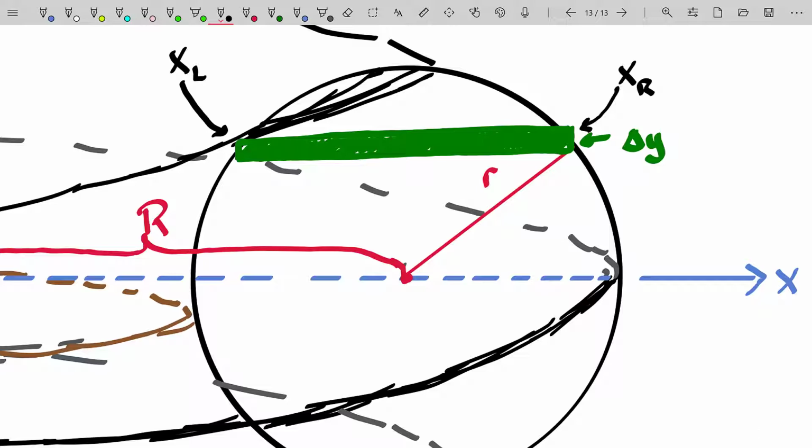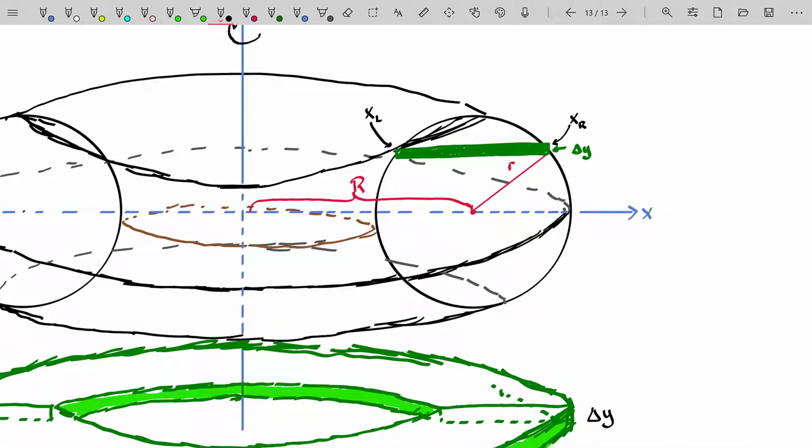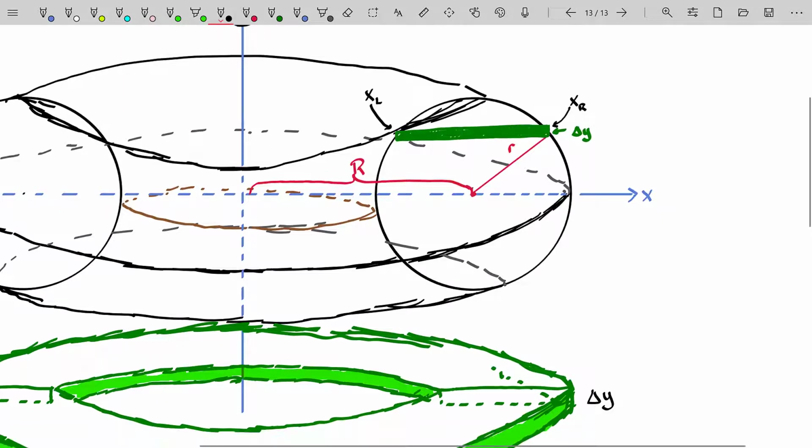It's the circle, right? Well, the circle is actually not a function, but it's the top half of a circle, which is a problem. So we need to somehow rewrite x right and x left in some way so that we don't end up subtracting a function from itself. So let's see how that's going to work.